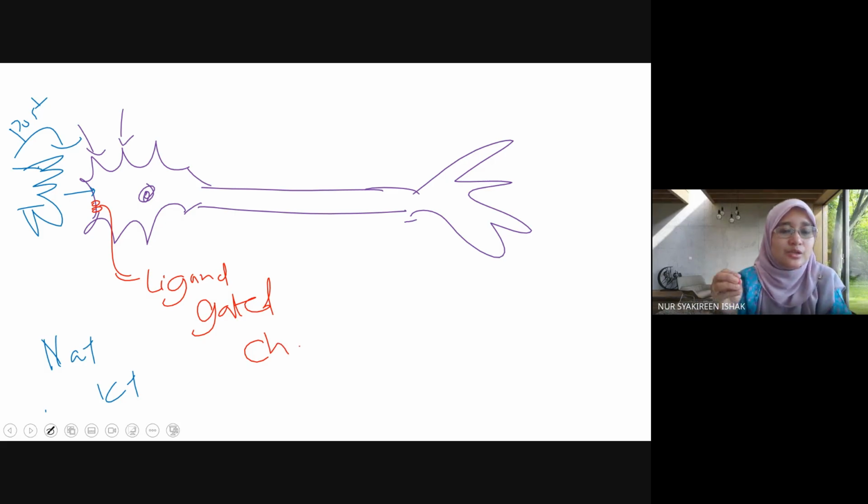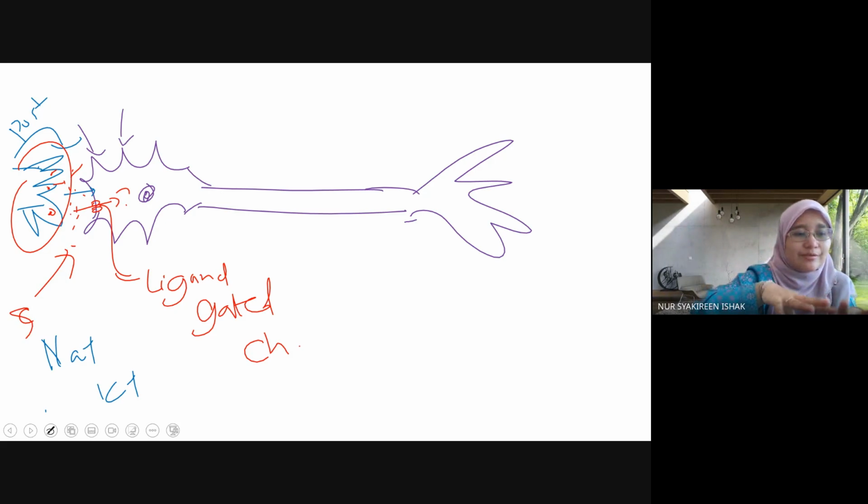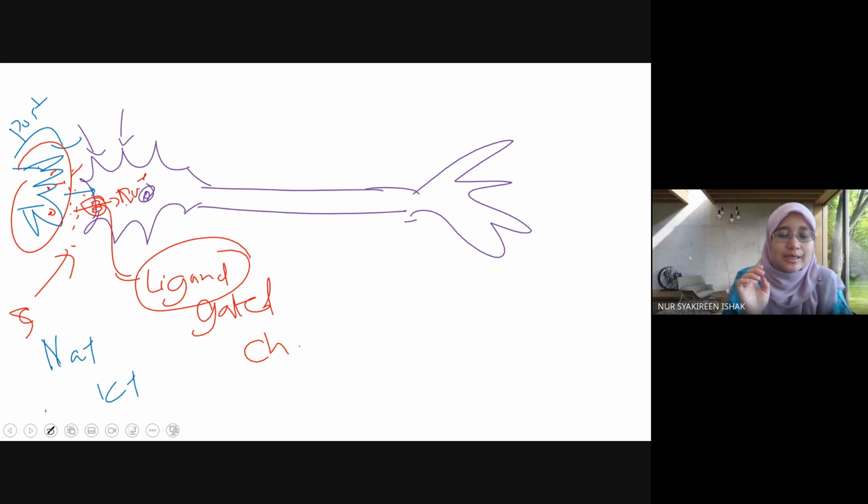Initially the channel is closed, so how can the sodium ion enter? The neuron has vesicles that release neurotransmitter. This area we call the synaptic cleft. The neurotransmitter is released into the synaptic cleft and binds to the ligand gated channel, causing the channel to open so sodium ion is able to enter. That is due to the presence of the ligand. So that is ligand gated.